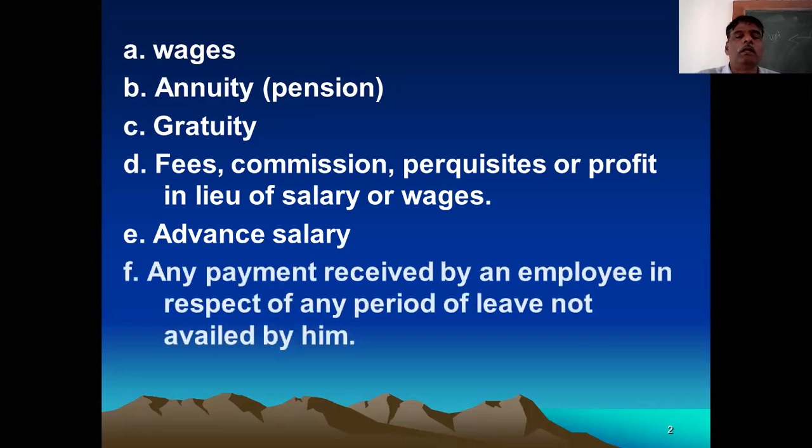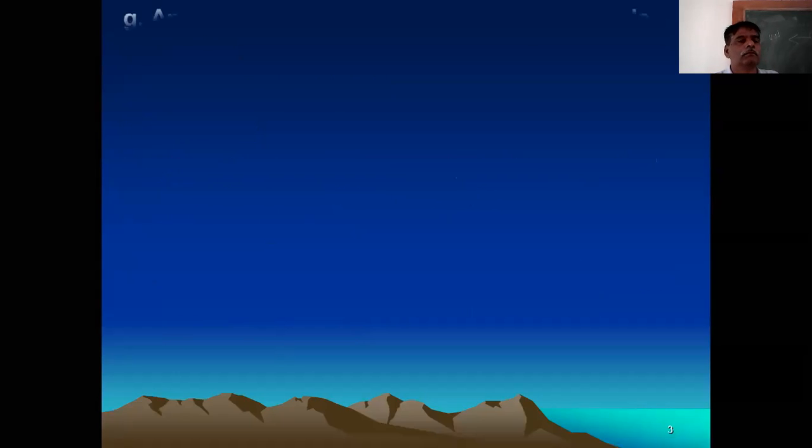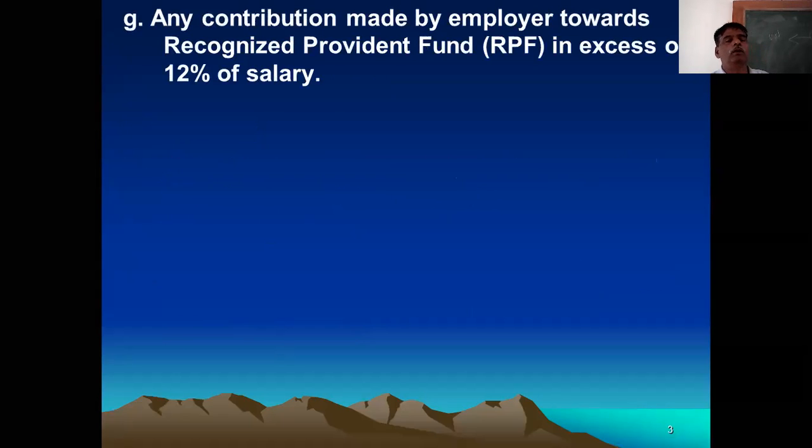The next is payment received by the employee in respect of a period of leave not availed, whatever you already calculated. That is the earned leave salary, which is taxable under the head salary. And next is the contribution made by the employer towards a recognized provident fund in excess of 12% of salary. This is the point you have to remember.